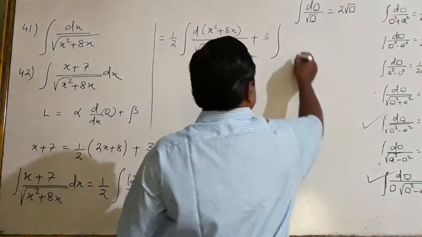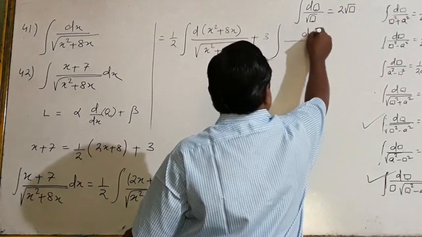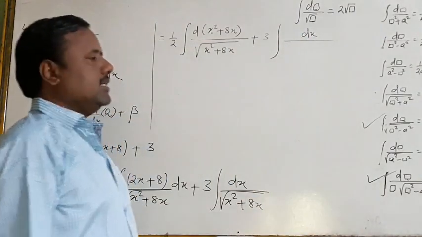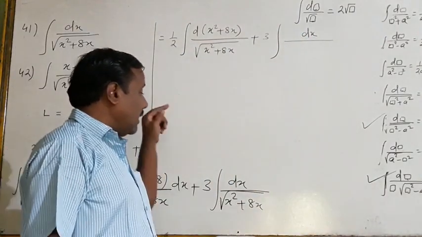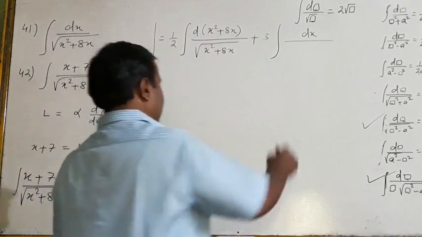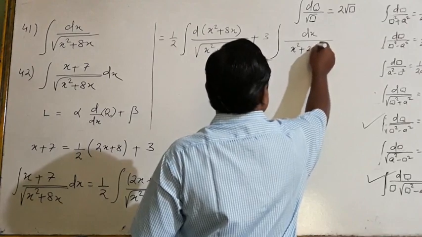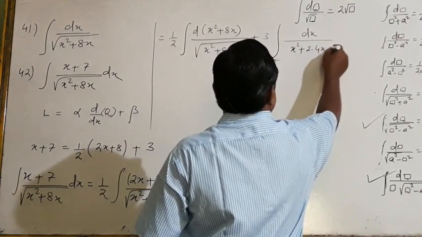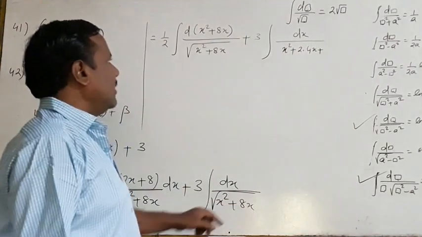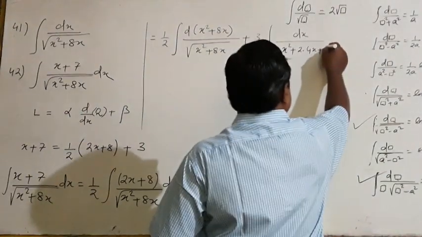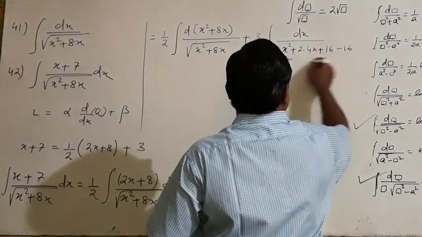What will you do here? It is dx by root of x² plus 8x. You have to make a complete square of it: x² plus 2 into 4x plus 4², which is 16. Just add and subtract.